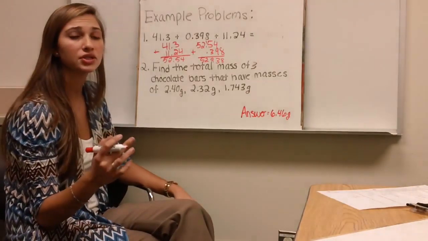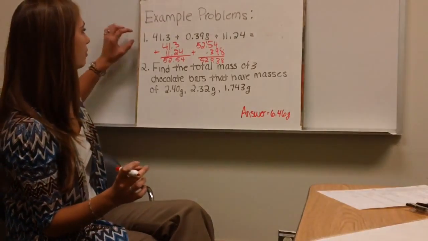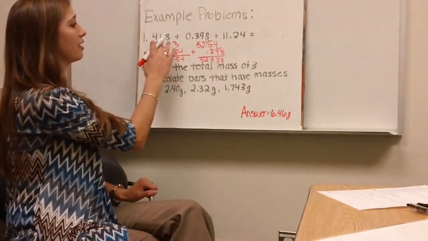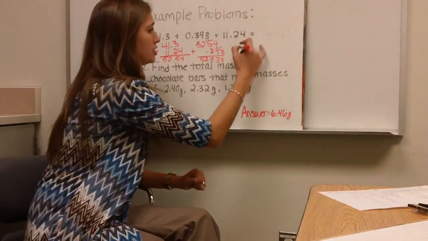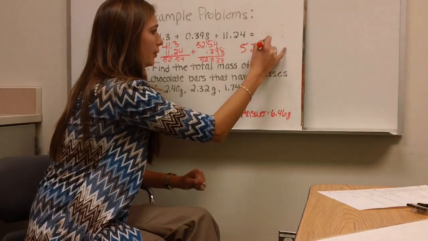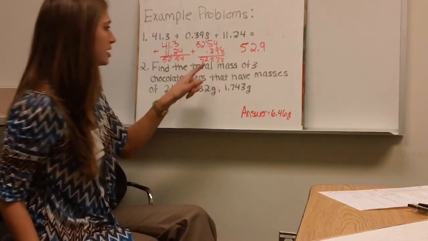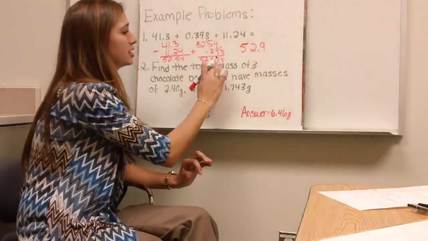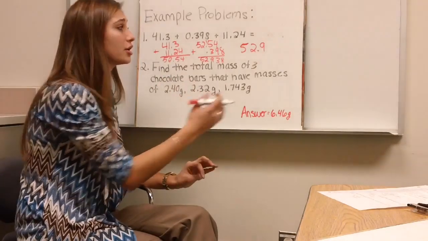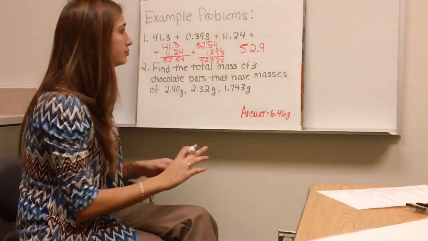But we know that when we do addition, it has to be to the least amount of decimal places. So if we look at what our question was, 41.3 has the least amount of decimal places, having only 1. So our final answer is going to be 52.9. In this case, it's going to stay 9 because the number next to it is less than 5. If it was 5 or greater, you'd round your 9 up 1, making it 53.0.